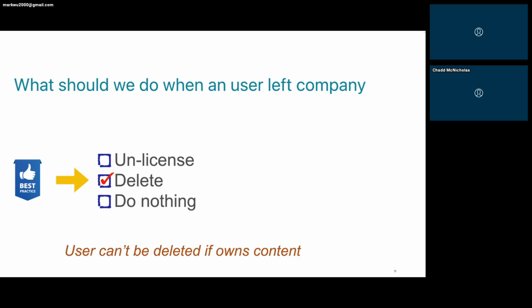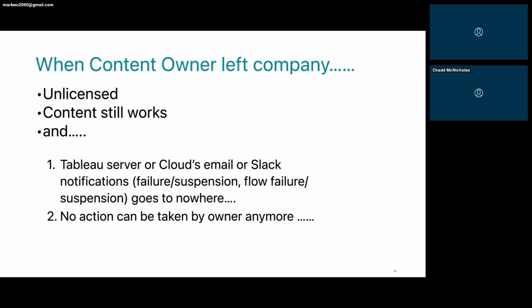Of course, we know that a user cannot be deleted if the user owns content. In this case, if you use the API or whatever, the deleted user will become unlicensed. The content is still working perfectly fine.